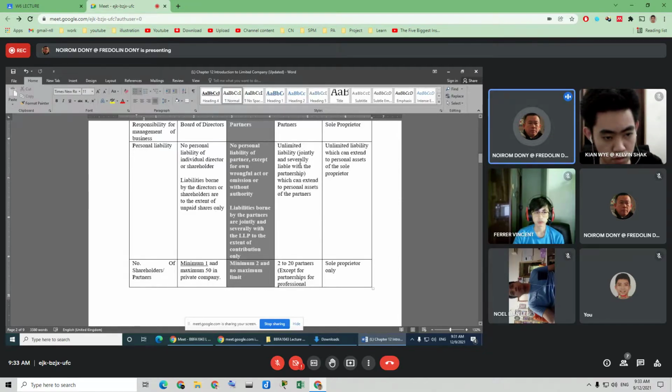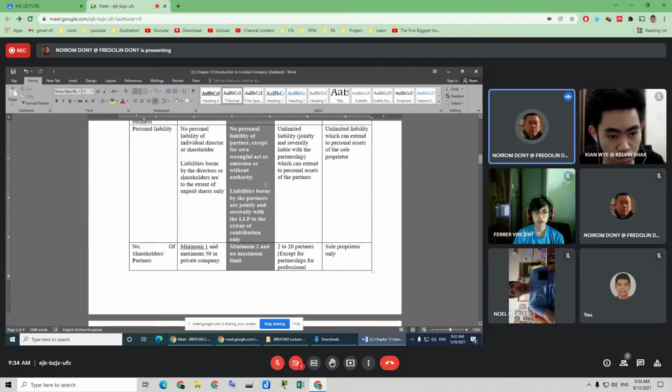And then the normal partnership has unlimited liability, just like the sole proprietor. They are jointly and severally liable with the partnership, which can extend to the personal assets of the partners. Same goes with the sole trader, which can extend to the personal assets of the sole trader. Okay, so that is the difference.